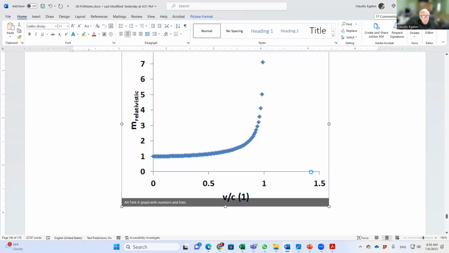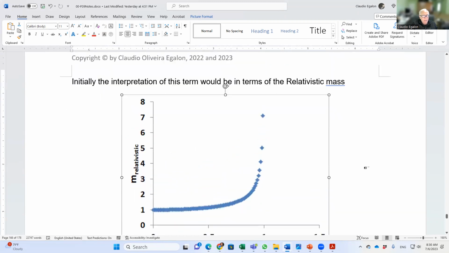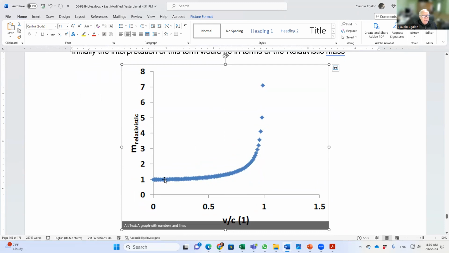As the speed approaches the speed of the light, the relativistic mass increases, right? If the speed is half the speed of the light, we can do the math, we're going to get only 15% difference from the rest mass. What you have here is called the rest mass. This would be a 1 kilogram mass. You have put the kilogram here between parentheses, right?